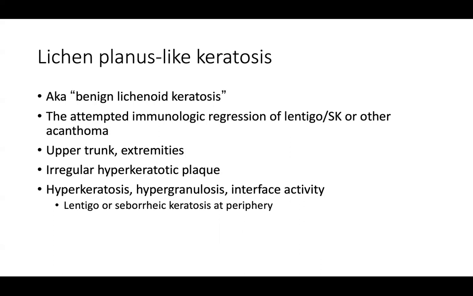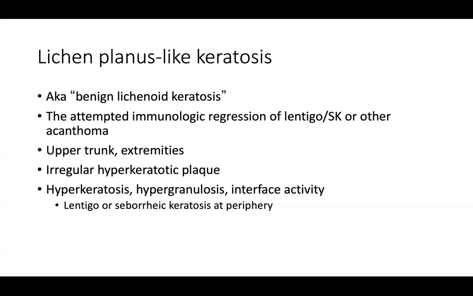You often will see this as an attempted immunologic regression of a lentigo or seborrheic keratosis or other acanthoma. That keyword of regression tells you that this is an immunologic pattern, a lichenoid inflammatory pattern in a lesion. And so you can imagine that regressing melanoma in situ could look very similar.